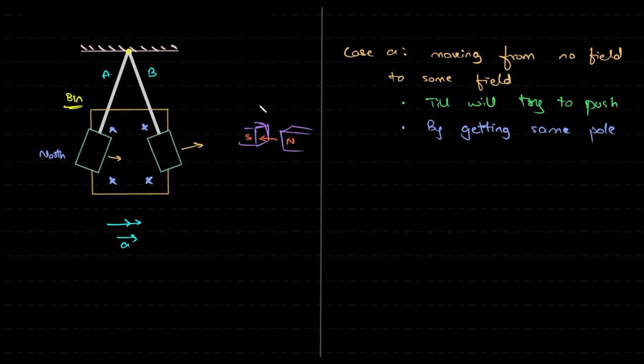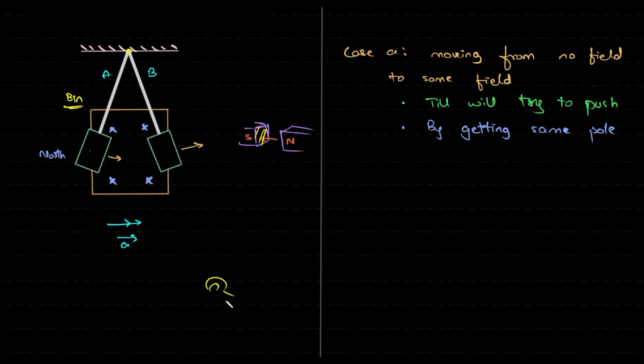The magnet we're looking at, this end is south, and the plate here from our end should be north. So as per our right hand rule for getting a north, it has to come out, right? The magnetic field line going in is south, that's correct. It's going away from us, right? So this end is north. For getting north, it has to go in. What is this? Clockwise, right?